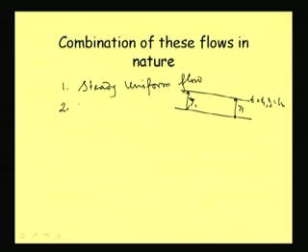Then in principle we can have unsteady uniform flow, but one point is true, that in nature we can hardly get an unsteady uniform flow. Because if it is to be unsteady uniform flow, then what is that?